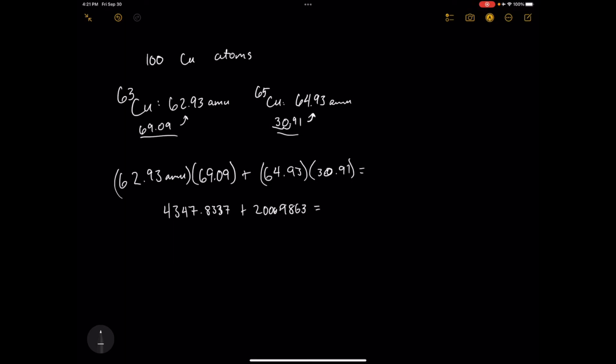Now, when I add those two numbers together, it gives me 6,354.82 atomic mass units for 100 atoms.